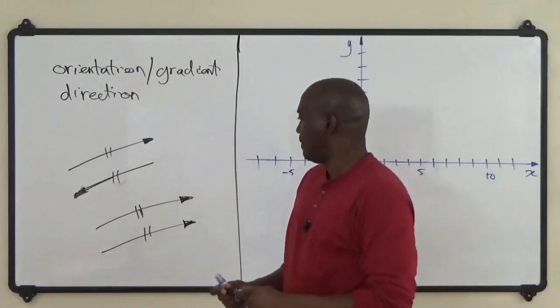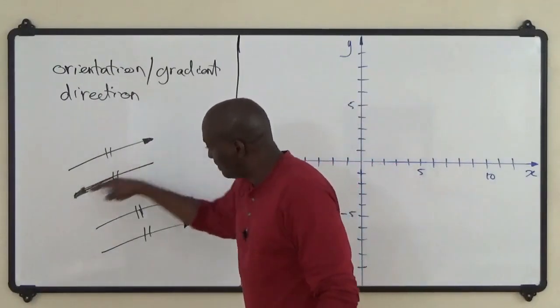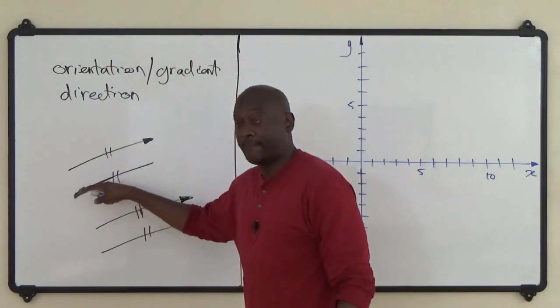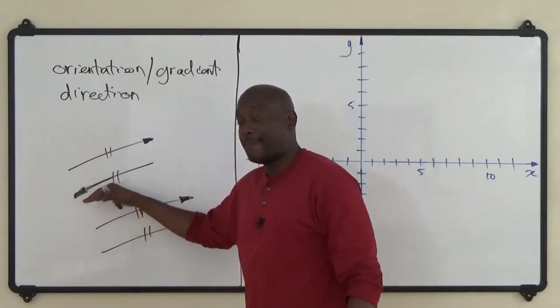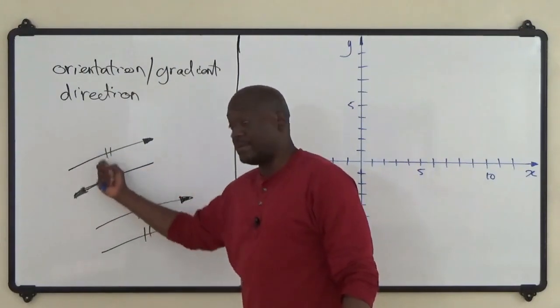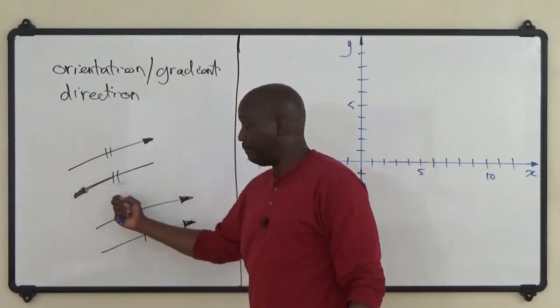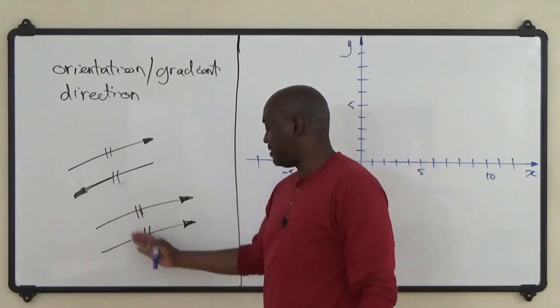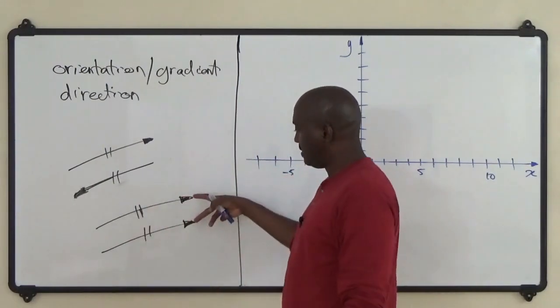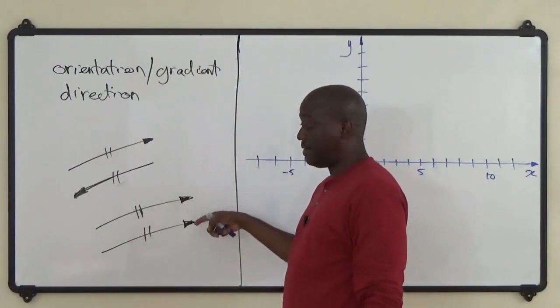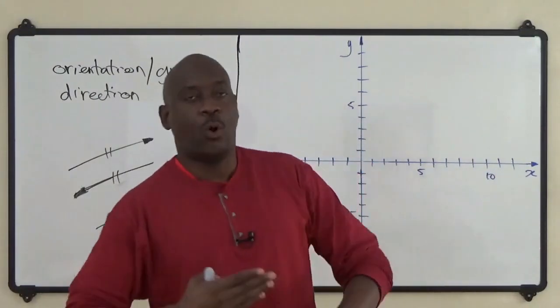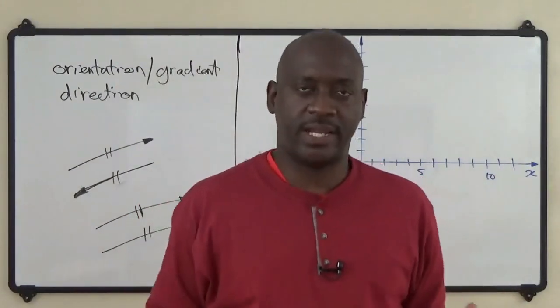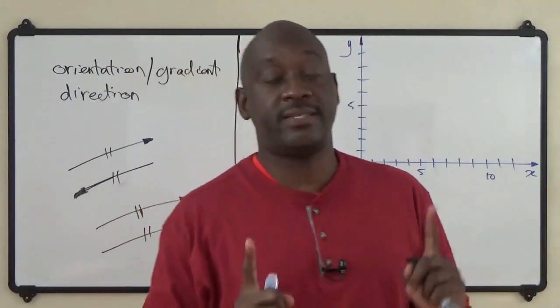In other words, this line has the same gradient as this line, but the directions described by the two vectors are opposite to each other. Same story here. Well, different story. In this case, they have the same gradient and the same direction. So you can have the same gradient and the same direction, or you can have the same gradient and opposite directions. In both cases, the gradients are the same.